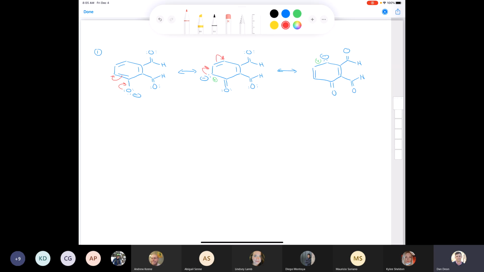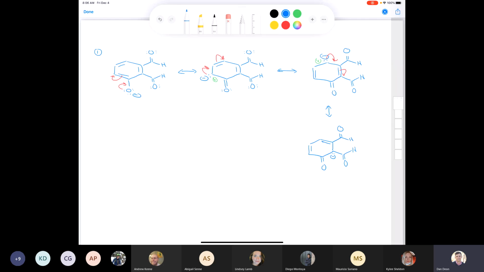Now we can move that negative charge around some more. So let's do that. So we'll make a new bond here, and we can put our carbanion on this carbon. So let's draw what that will look like. And we're going to have our double bond here, our aldehyde, and our carbanion will be there.